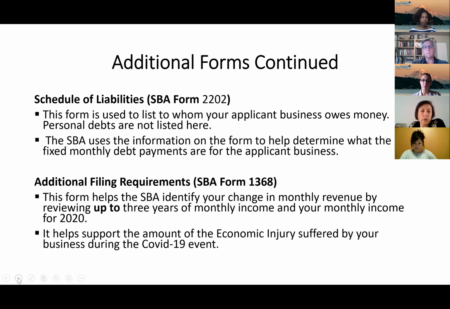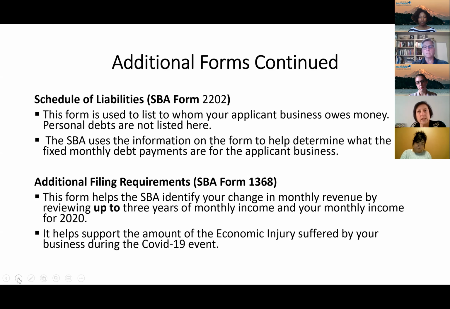There is another document called the Additional Filing Requirements. It's Form 1368. And what you're doing there is you are putting information about the historical revenue of your business on a monthly basis for up to the last 3 years, and for 2020 for January, February, and March.